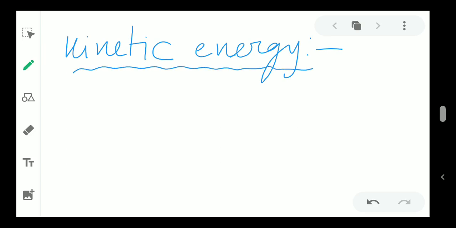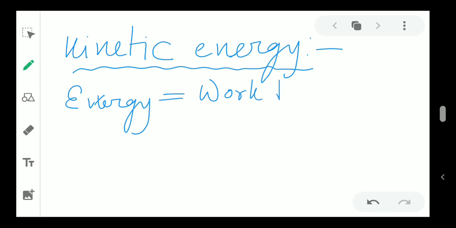Now we can see one thing here: we know that energy is deeply related to the work done. We have seen that work done is force dot displacement.